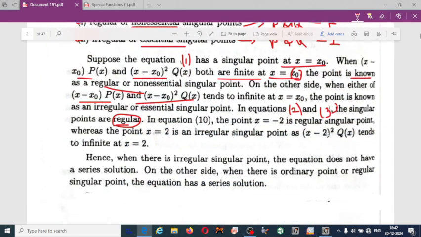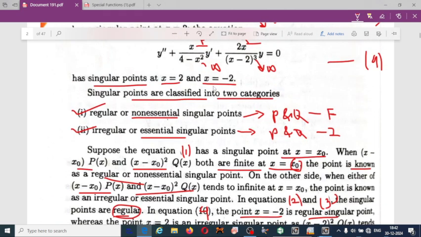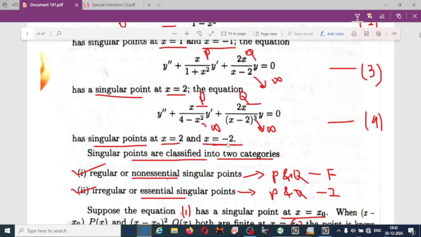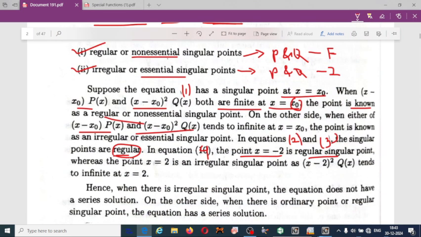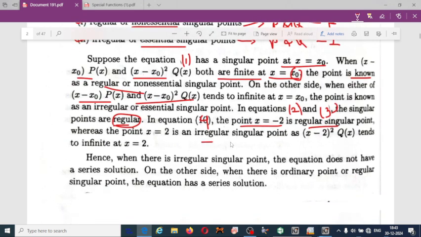And if we take equation 4, the point x equal to minus 2 is an irregular singular point. Why? Because for P it is suitable, but for Q, if you put minus 2, it will become minus 2, minus 2, minus 4. So that's why it is called an irregular singular point.